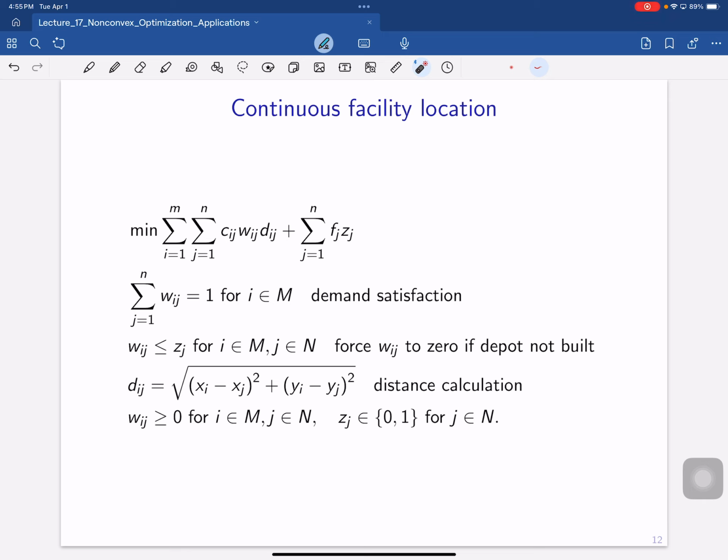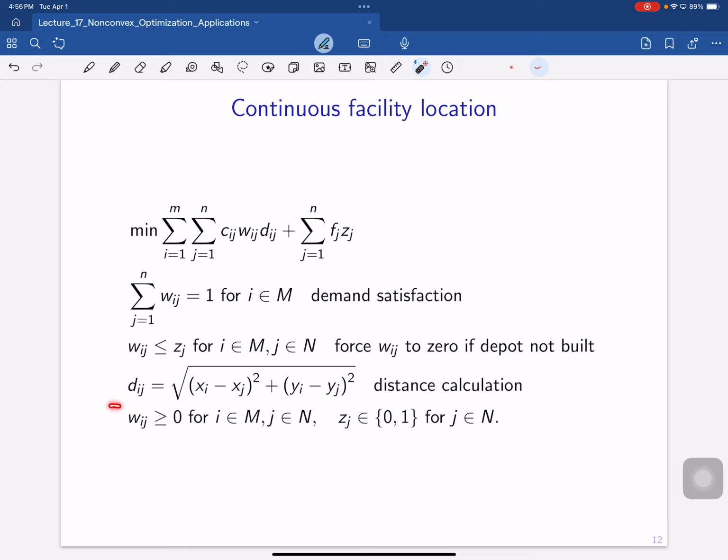The first constraint is the demand satisfaction constraint. Each customer's demand has to be fully satisfied by the sum over all the depots, so that's why you have this sum over j from 1 to n equals 1. And then this constraint is a logic constraint. It will force wij to 0 if the depot is not built, just like in the facility location problem.